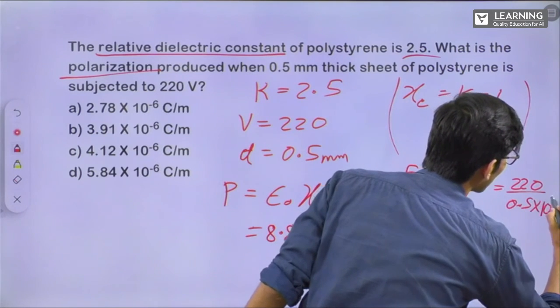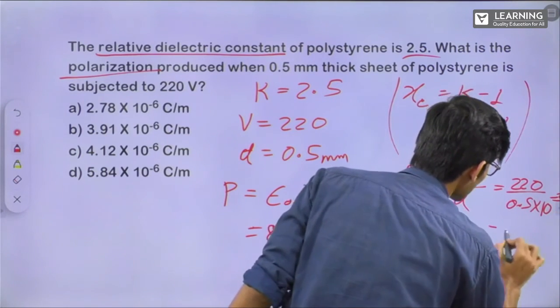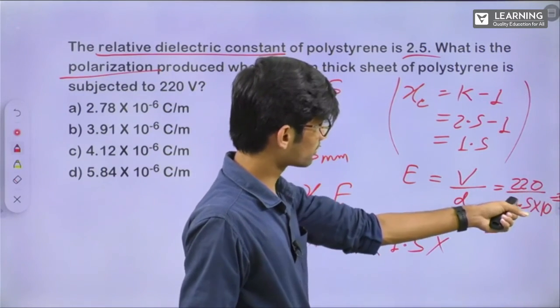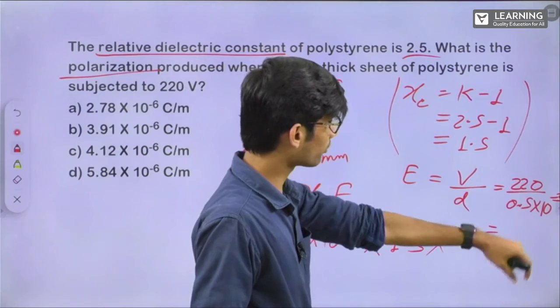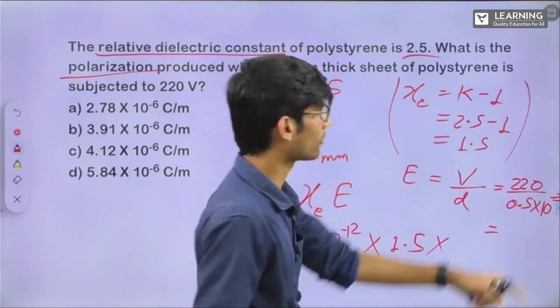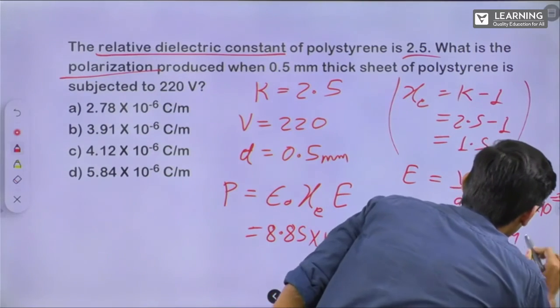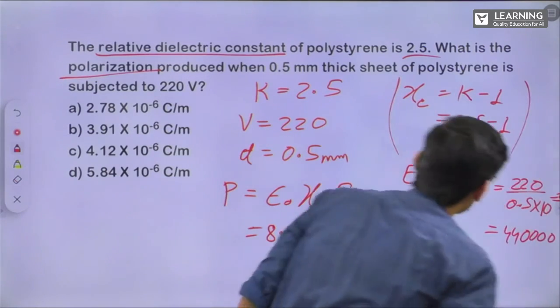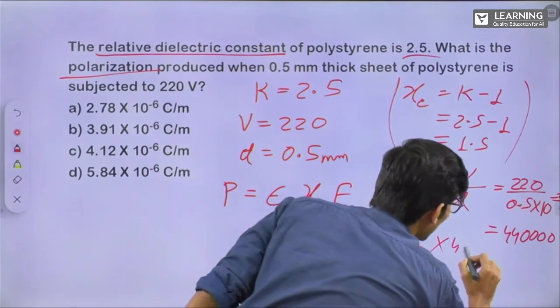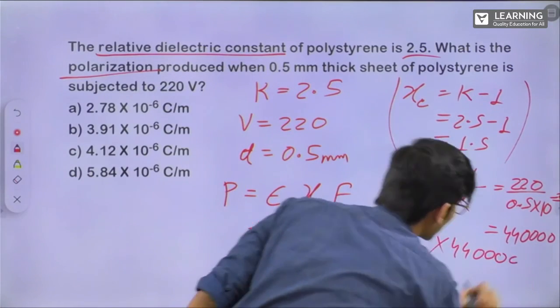0.5 into 10 power minus 3. Solve this. These 3 zeros will go up. If we remove one more zero from the point, 4 zeros will go up. So after 22, 5 zeros, then 5 and 220, 44, and then 4 more zeros. Correct? This will be the electric field, 440000. And multiply by that.